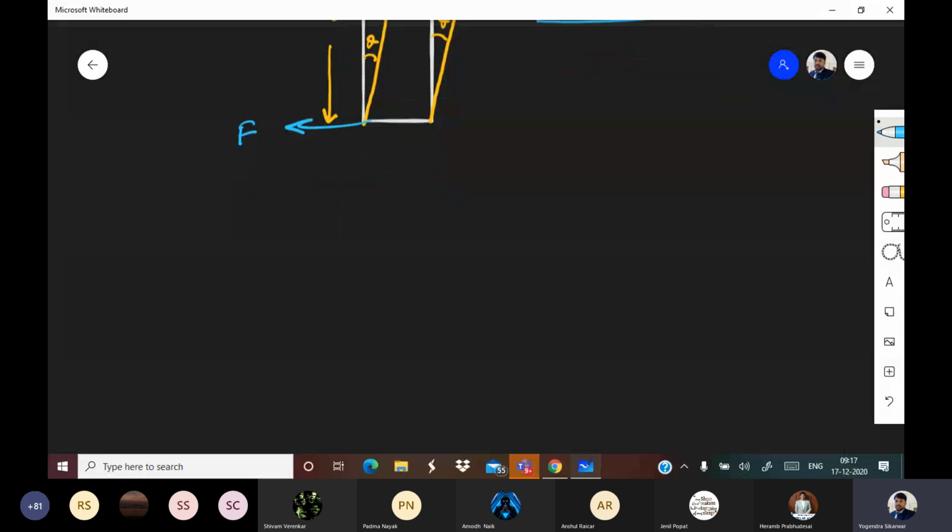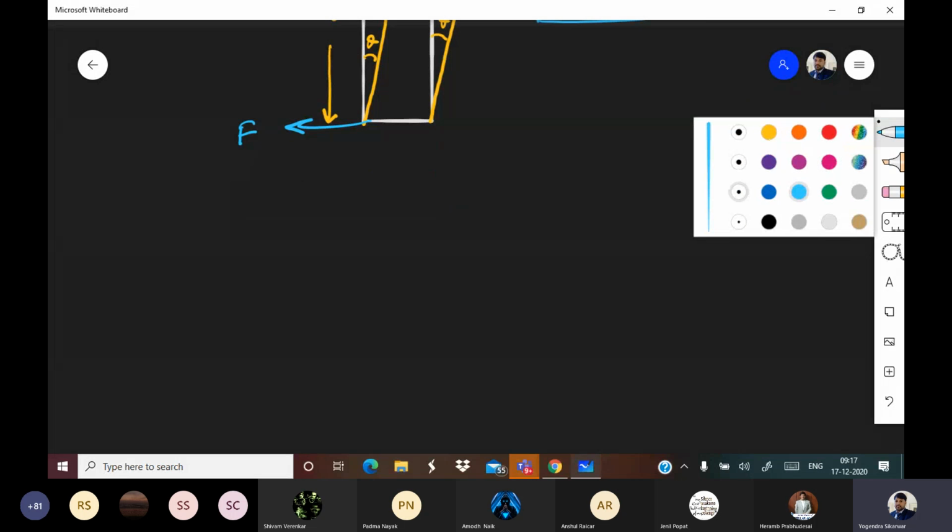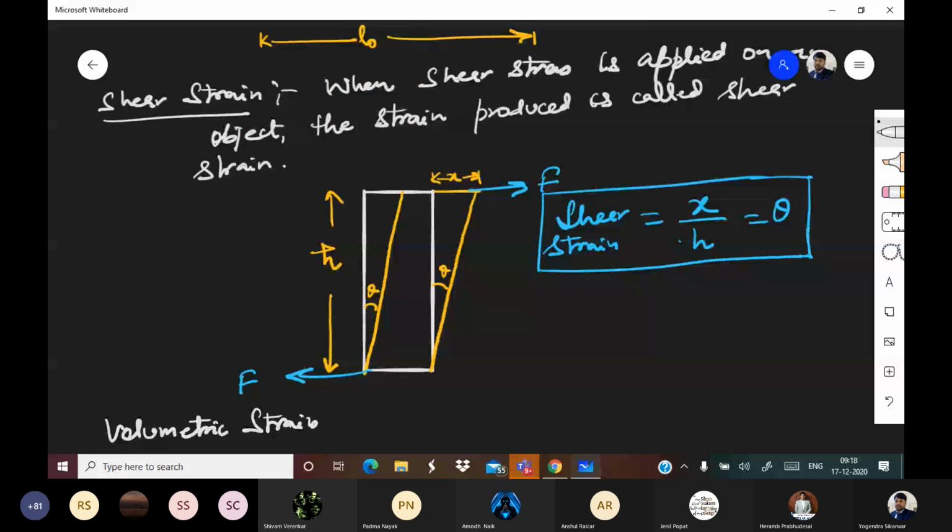Next comes volumetric strain. Please scroll up. Yash is saying, sir, whenever I try to open Teams, it always asks for username and password every single time. They don't trust you, Yash. You need to develop the trust.